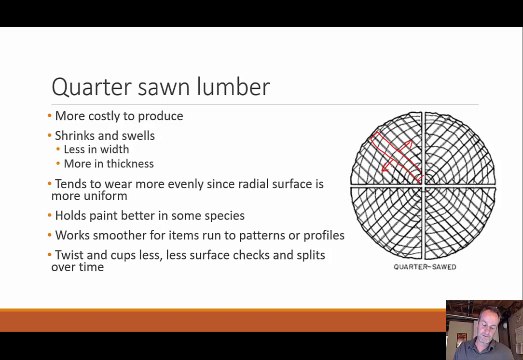It tends to wear more evenly since the radial surface is more uniform. So we get an even wear. It holds paint better in some species, and works smoother for items that run patterns and profiles. It twists and cups less, with fewer surface checks and splits over time, so you get a more stable dimensional lumber. When it's seasoning and drying out, it's less likely to warp on you in different ways, right?